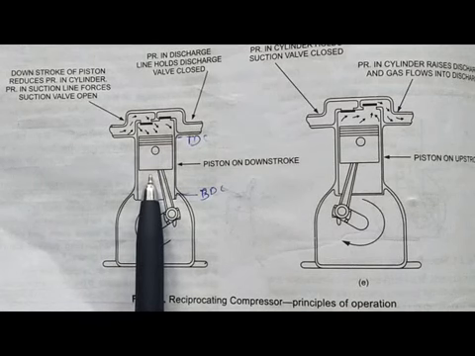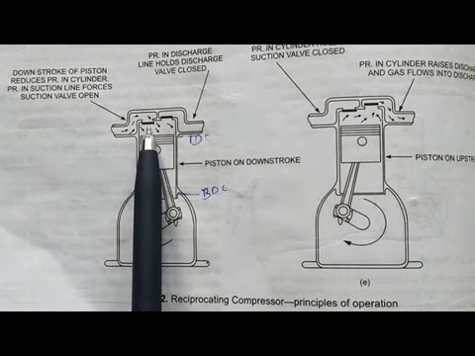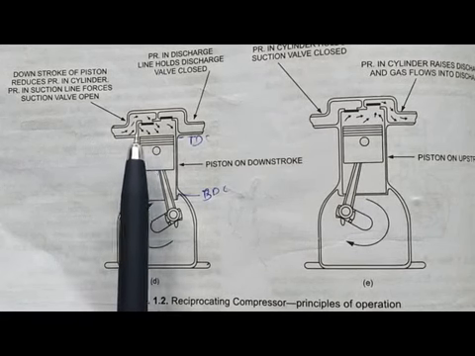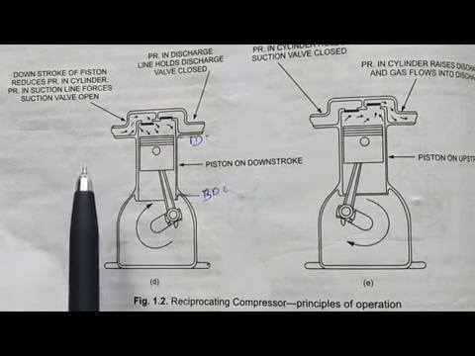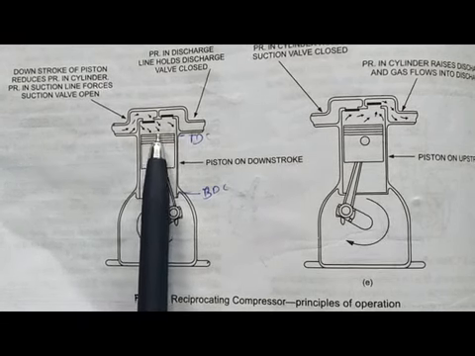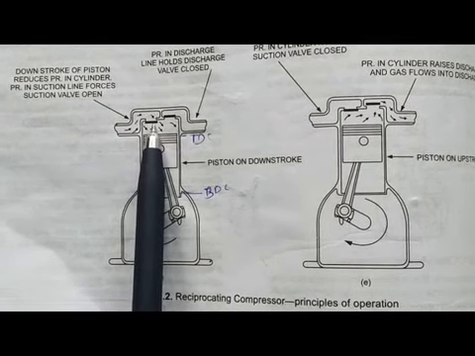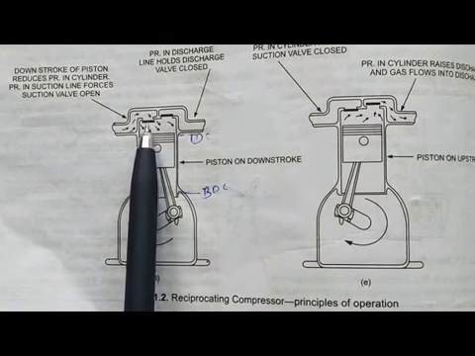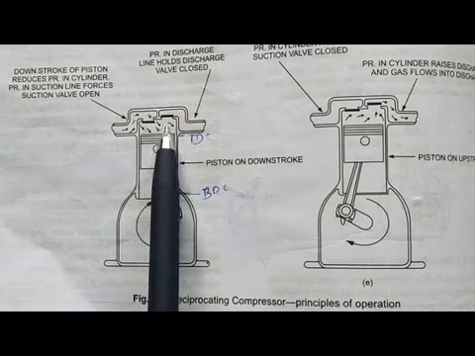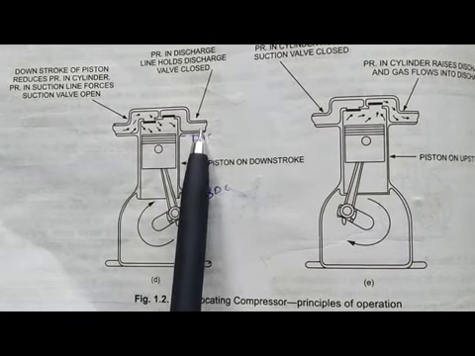the piston comes downward, its inlet valve opens and the refrigerant flows inside the cylinder, and when the piston moves upward, this inlet valve closes, and after reaching the top dead center, the exhaust valve opens and the refrigerant passes through here.